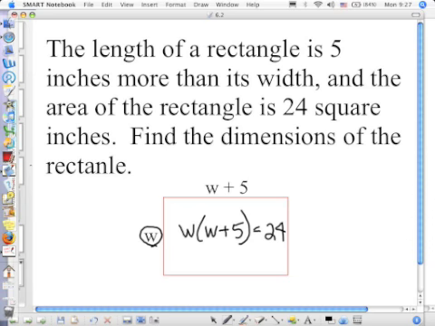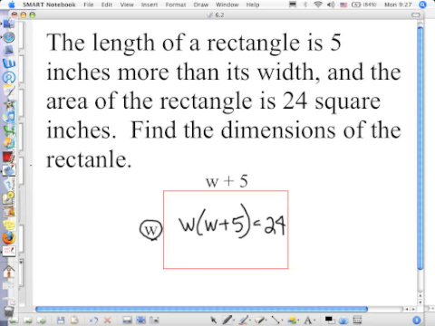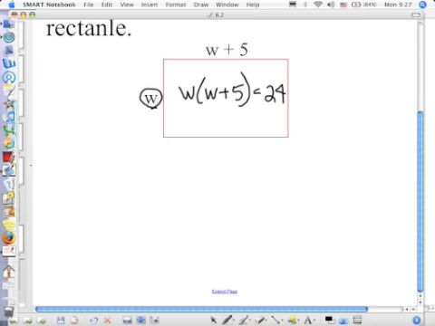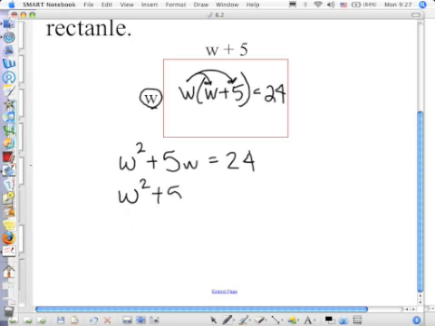No, it's not, because right now it's equal to 24. It's not equal to 0. So, I've got distributing here. I've got W squared plus 5W equals 24. What should I do? Move 24 to the other side.